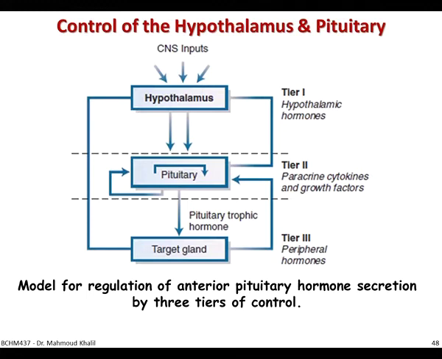You can see the arrows showing how the feedback loop occurs. So the hormone released from the target gland can affect the pituitary gland. And as well, the pituitary gland can affect itself for shutting down, either stimulating or inhibiting the release of the hormones. Okay?